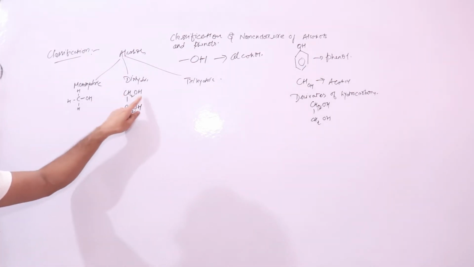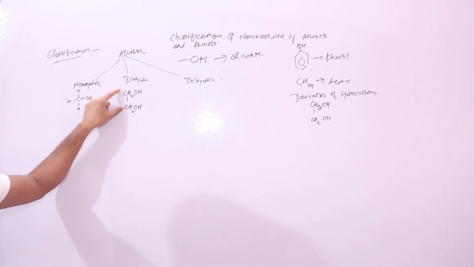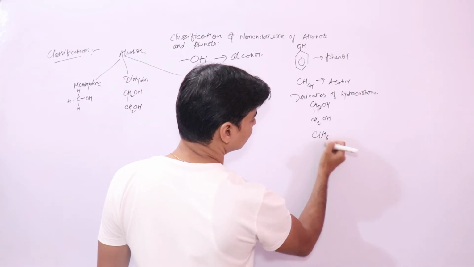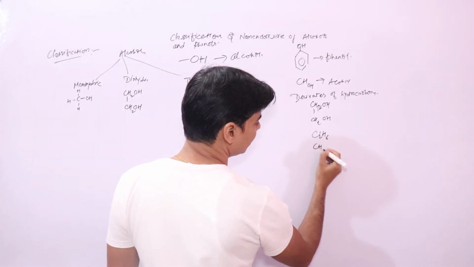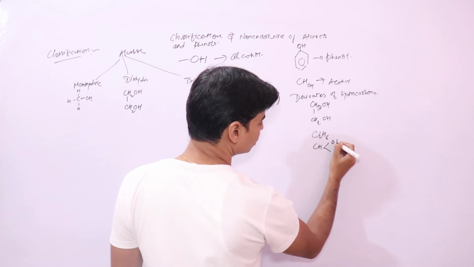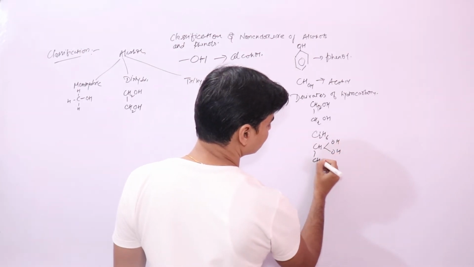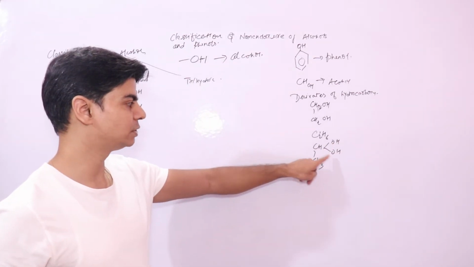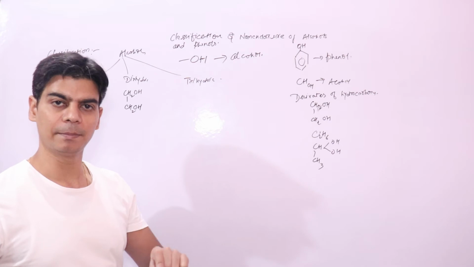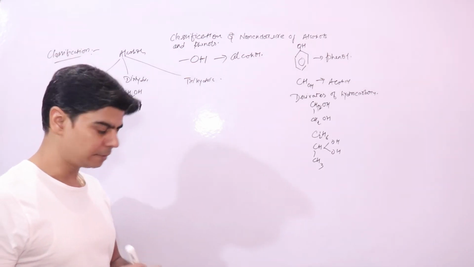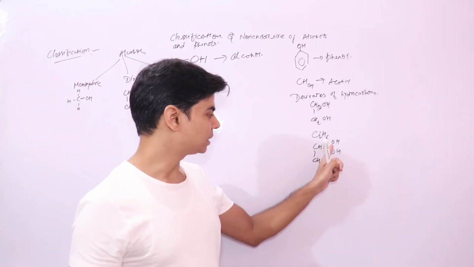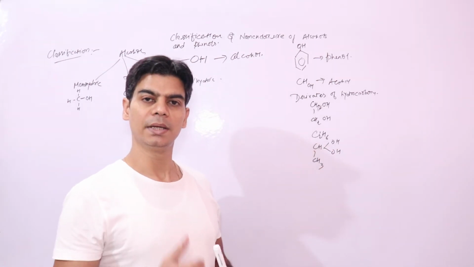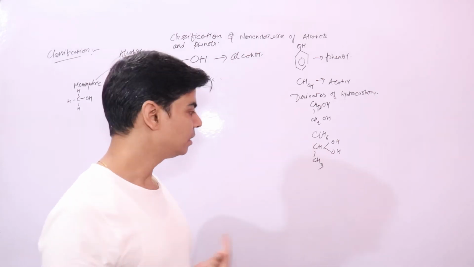And remember, here the OH groups are attached to two different carbon atoms. If we have C2H6, we cannot attach both OH groups to the same carbon atom. Remember, compounds in which two or more OH groups are attached to the same carbon atom are unstable.